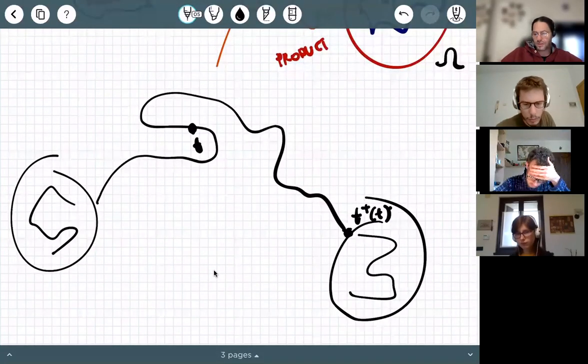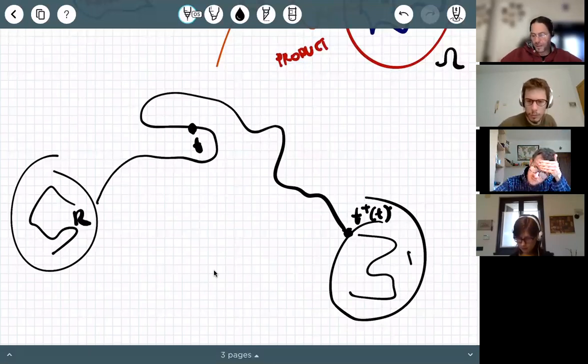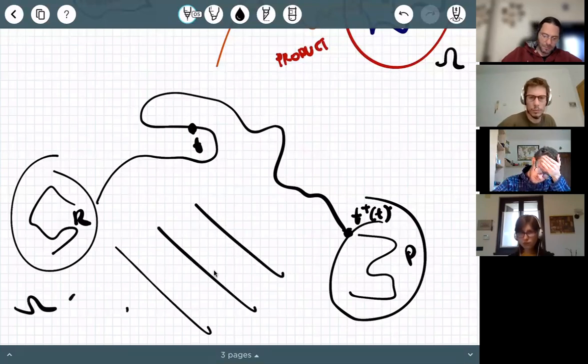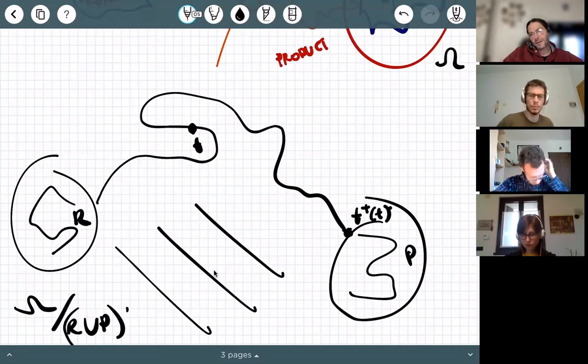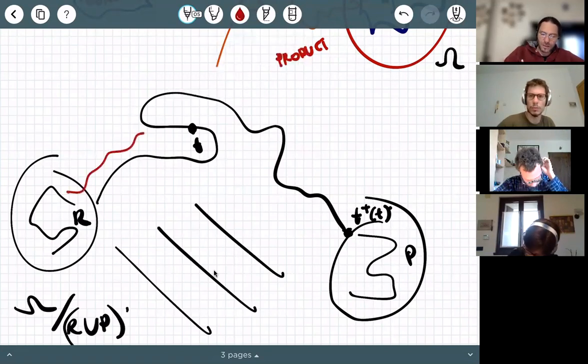Omega is the configuration space, R is this volume, P is this volume, and this part here is omega complementary of R united P. Okay, so I must be in a transition region. But that's not sufficient because I can invent a trajectory that makes it there and goes back.